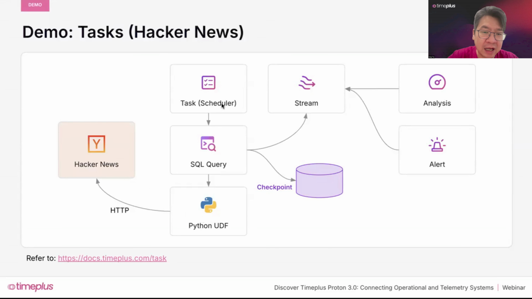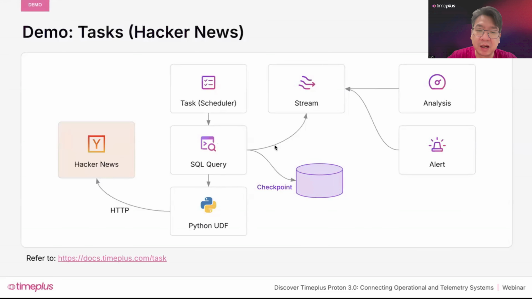So in this case, I leverage this task and it runs every 30 seconds or so. It will run the SQL query, and this query will trigger this UDF and grab some data from Hacker News using the Hacker News HTTP API and return the data. Then the task writes all the query output into a stream, and this stream now contains all the real-time data from Hacker News.